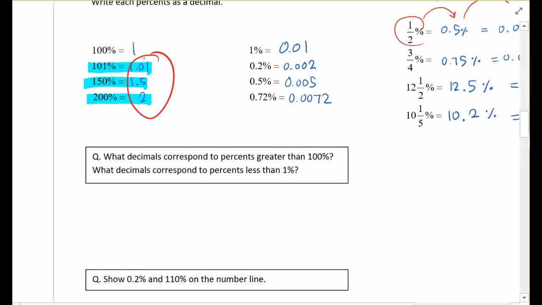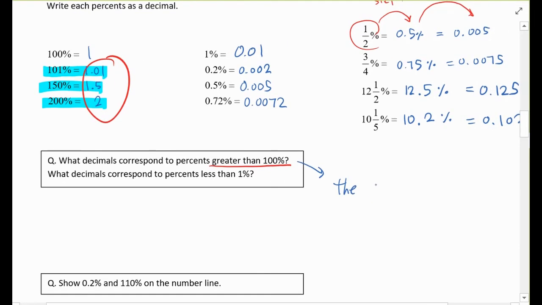Look at it closely. If it is greater than 100%, the decimal number is greater than, so write it down, the decimals greater than 1.